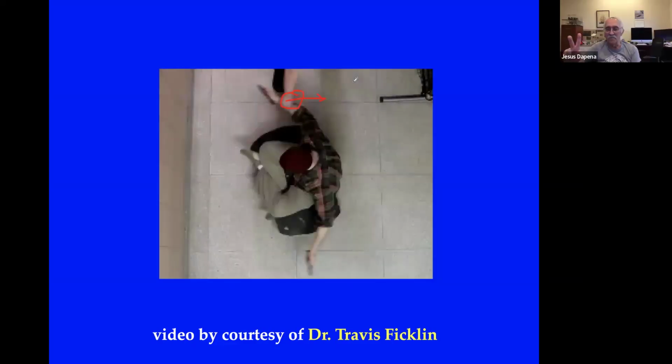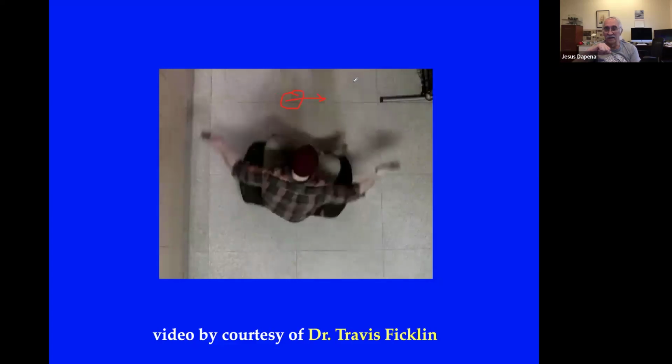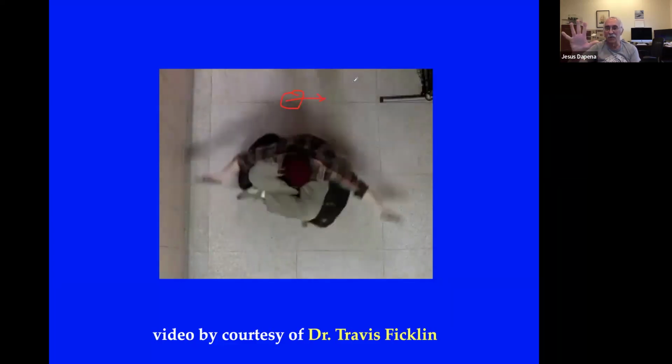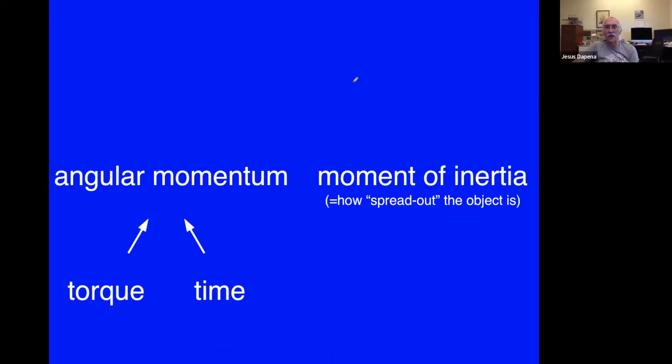So the third time, it's slow rotation, slow, fast, fast, fast, slow rotation again. Okay, so we have that. Our person is going to receive a torque over a certain amount of time, and that will produce angular momentum.